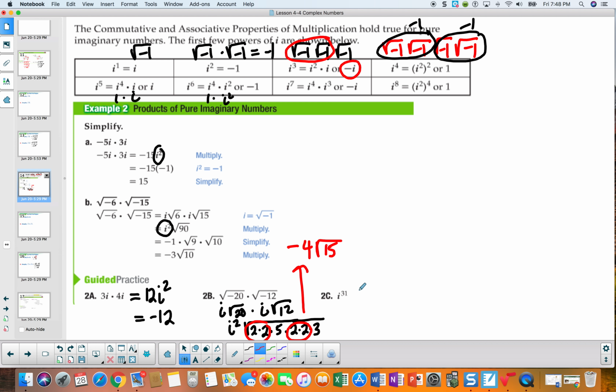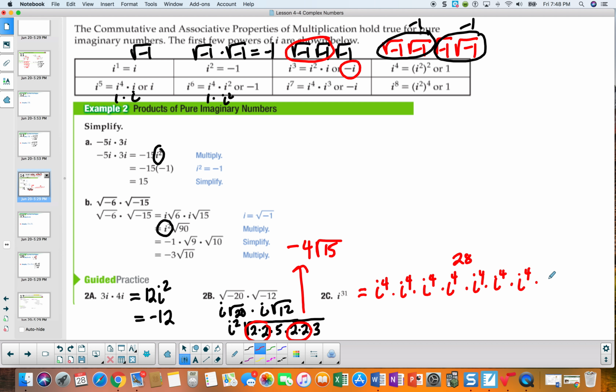Now i to the 31st, remember, is i to the 4th times i to the 4th times i to the 4th times i to the 4th. Let's see, that's 16 of them already. i to the 4th, i to the 4th, i to the 4th. So this is 1, 2, 3, 4, 5, 6, 7. That's 28.